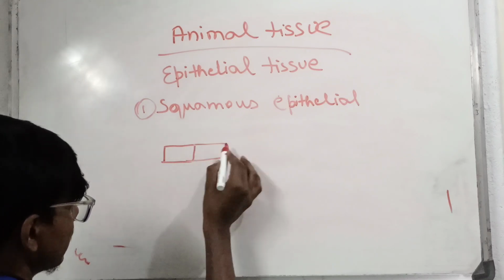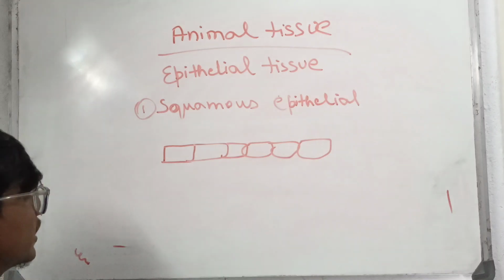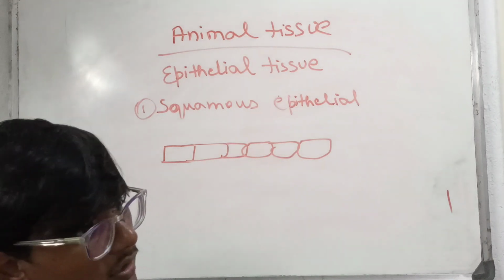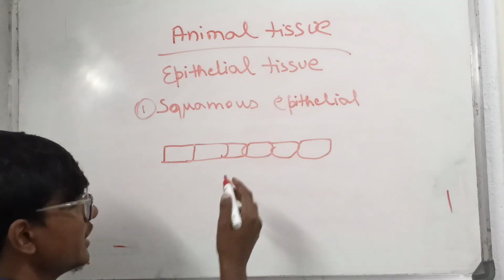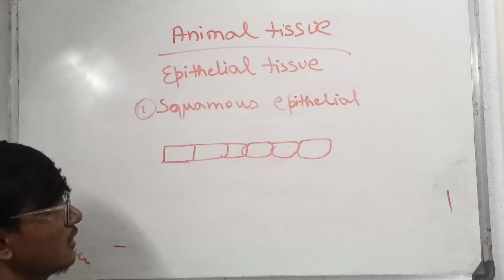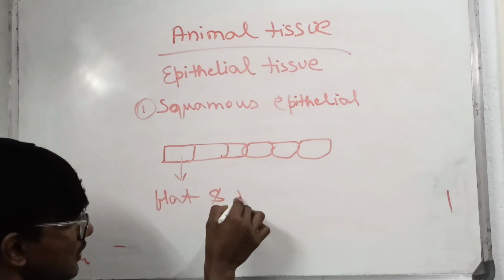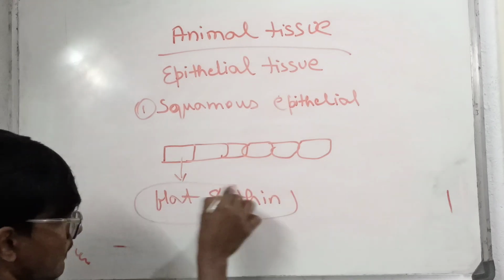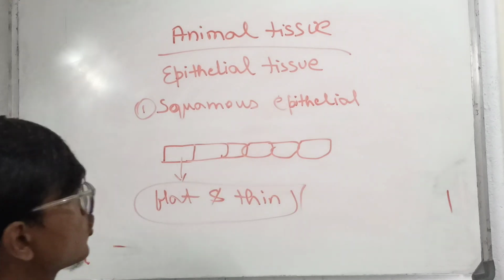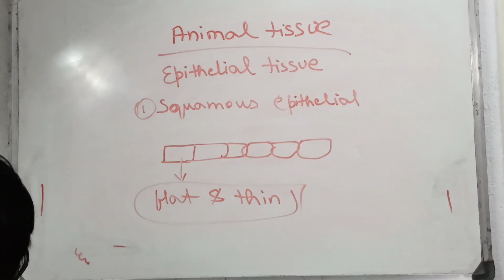It is not exactly looking flat, but think of the tiles of the flooring you have seen; you can consider that as an example for this squamous epithelial. The cells will be flat and thin in nature.